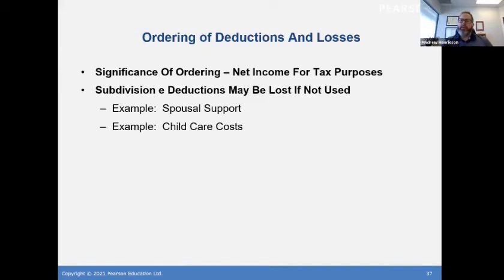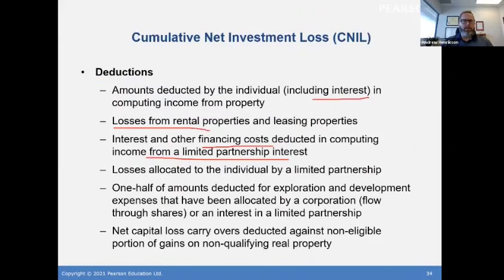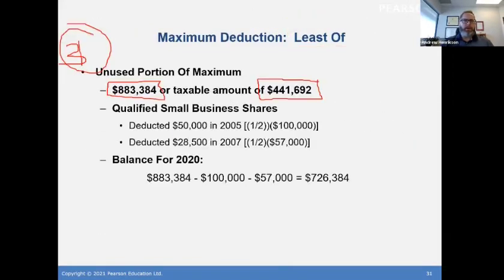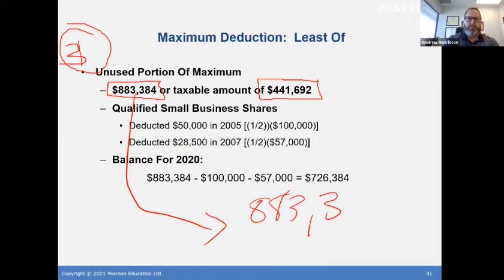Now think about this. What was our number? Let's go back a few, right here. The current number for 2020, this 883, think about this. We're trying to get to that next level in Tax 2 and think about tax planning.